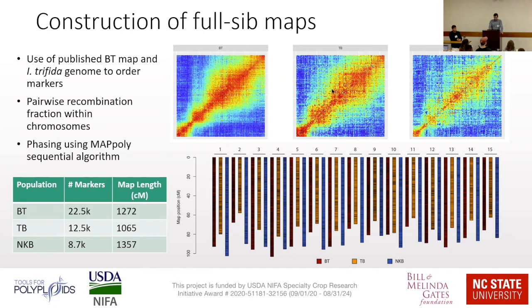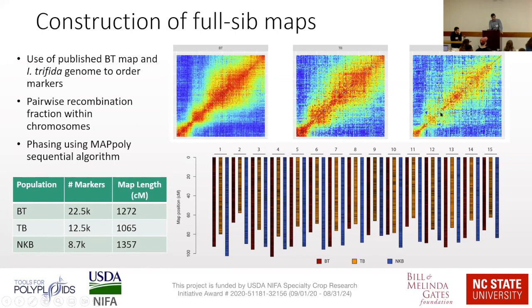Here we have our second population. This is chromosome number 1, just a zoom in on the first column of that previous figure. As you can see, you still have a very good shape of the monotonicity of the matrix, but it's still not as good as the first one.